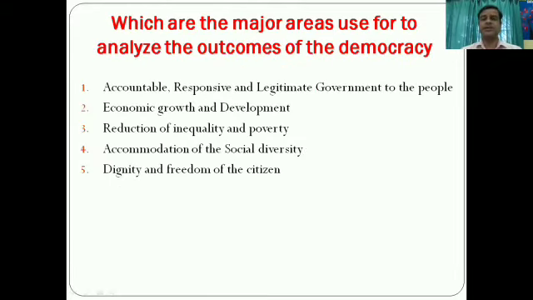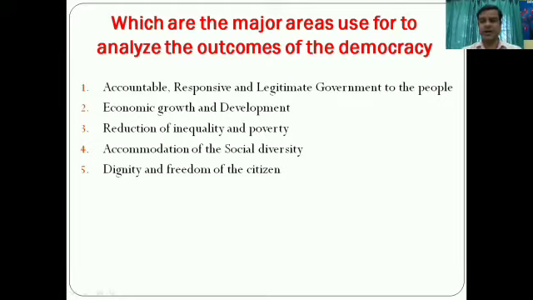Then which are the major areas used to analyze the outcomes of democracy? First, it should be an accountable, responsive and legitimate government to the people. Every democracy should be accountable, responsive and legitimate.